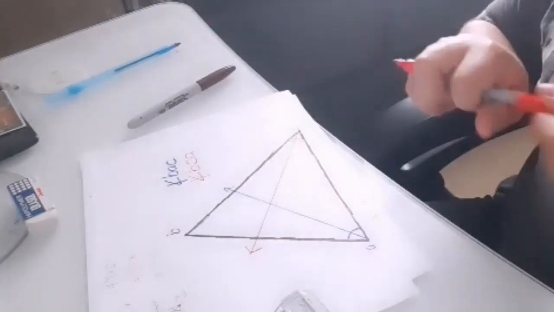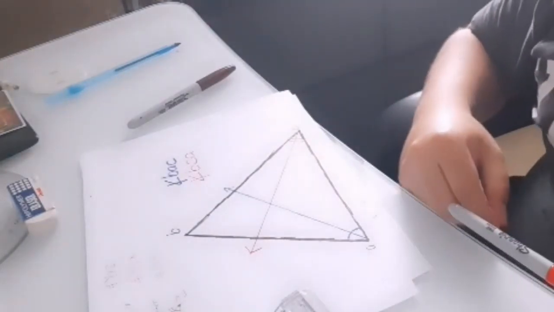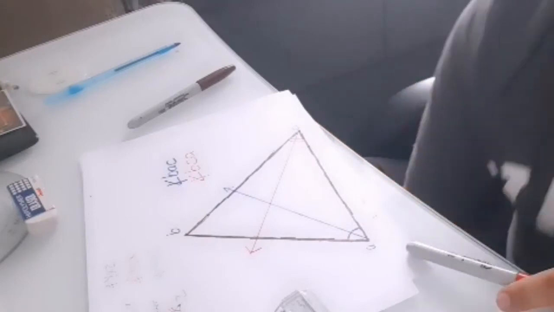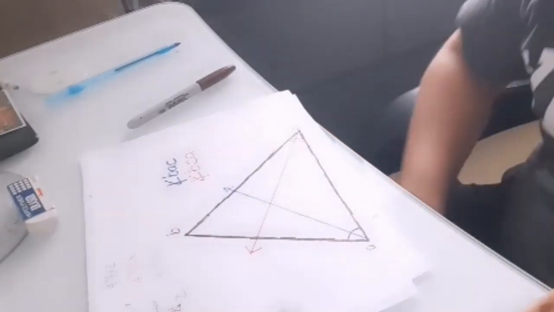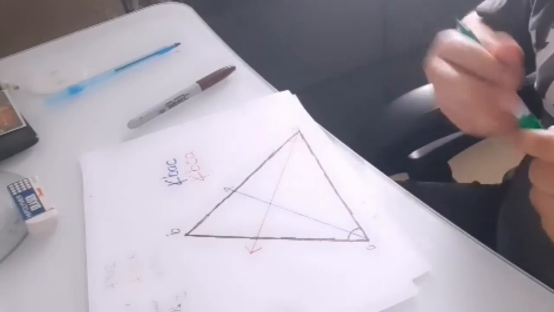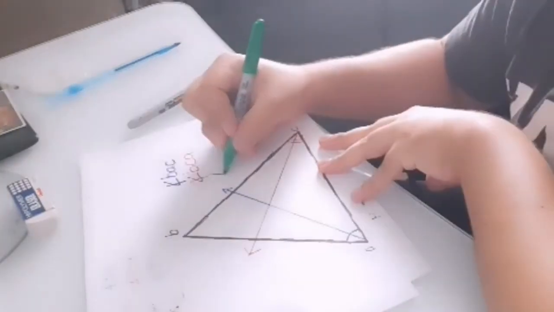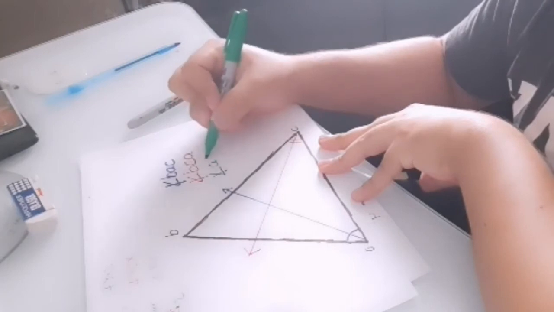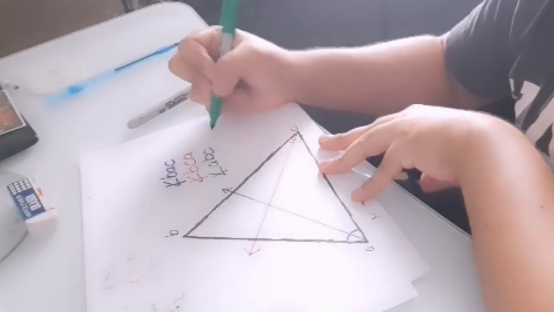That's it. And then lastly, what we do is just find the last one, which is angle ABC, right?